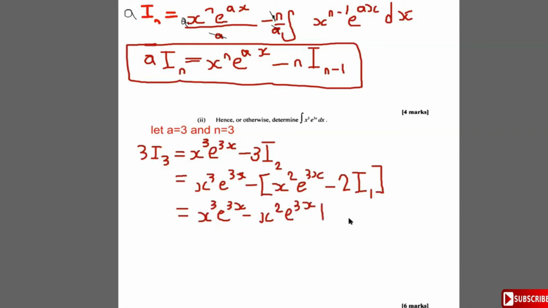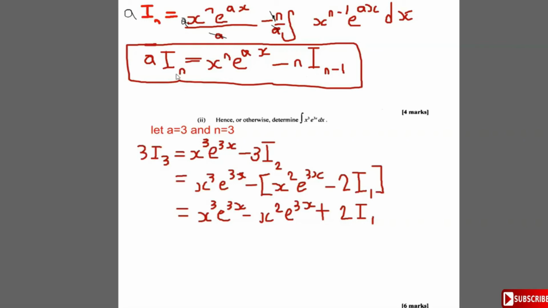That becomes plus 2 times I1. So now we need to find out what is I1.